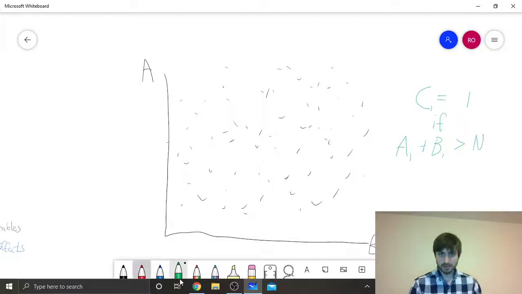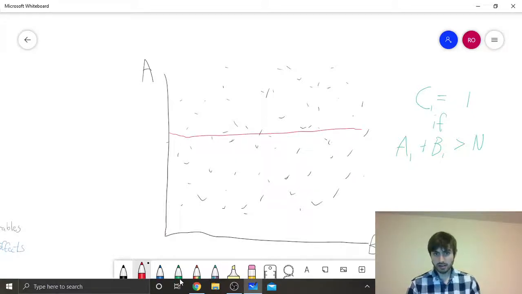So if we draw in the constant, basically, if A plus B is big enough, then C is going to equal 1.